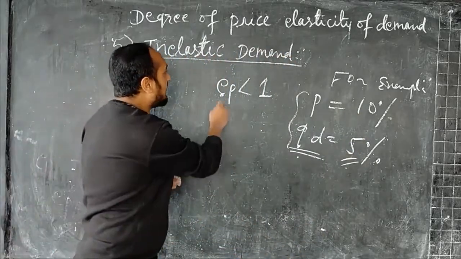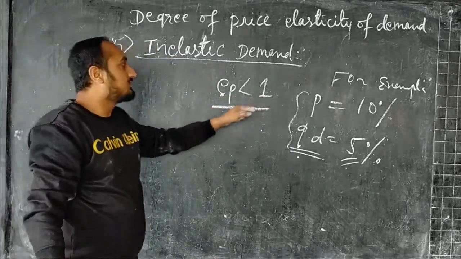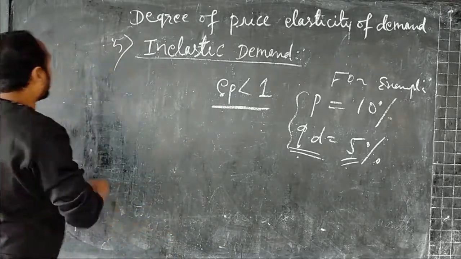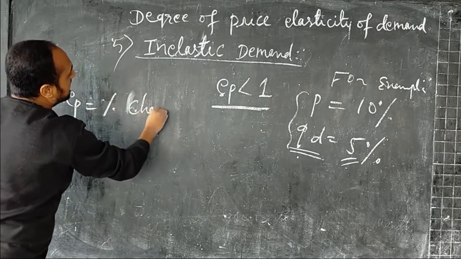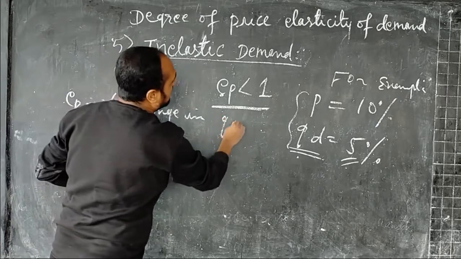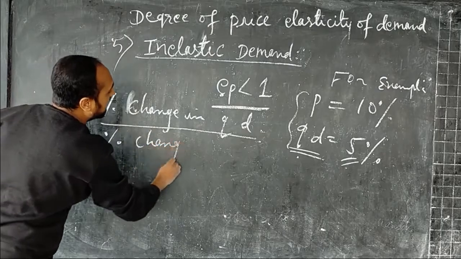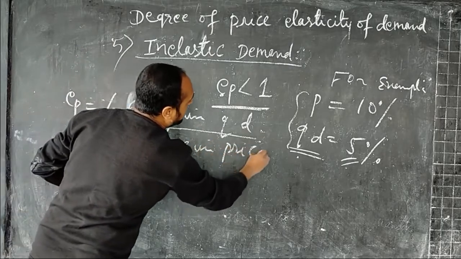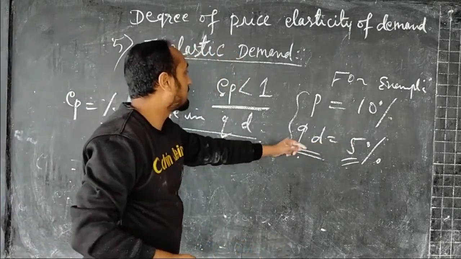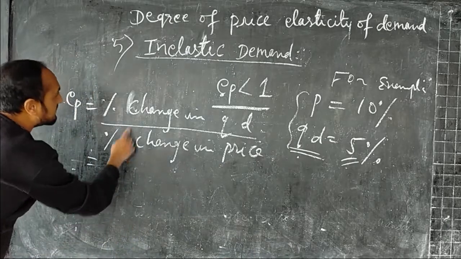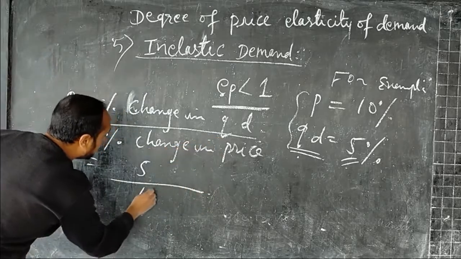So in this case, we get the value of price elasticity of demand less than 1. Now this can also be proved mathematically. We know that EP equals percentage change in quantity demand divided by percentage change in price. So here, if we put the values, percentage change in quantity demand we have 5, and the percentage change in price we have 10.